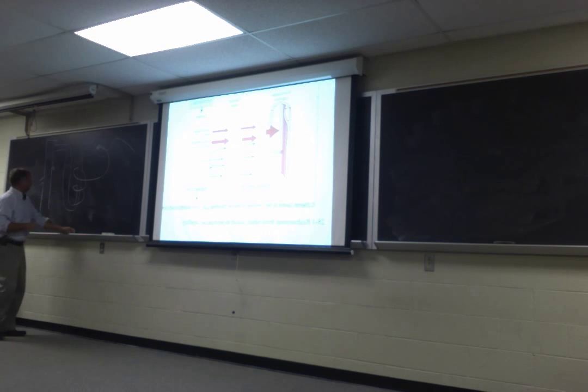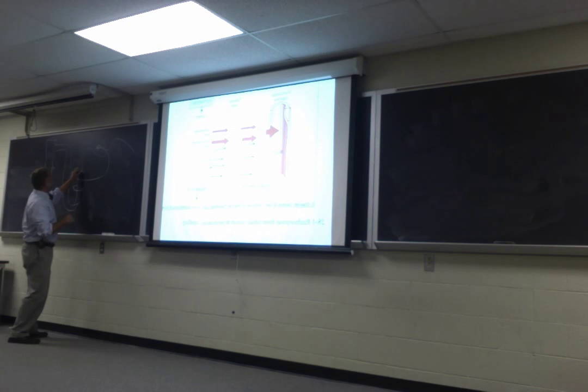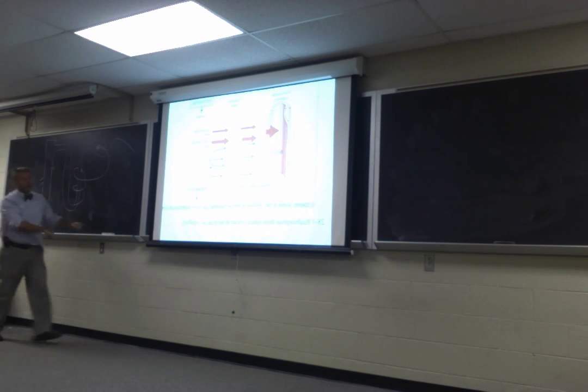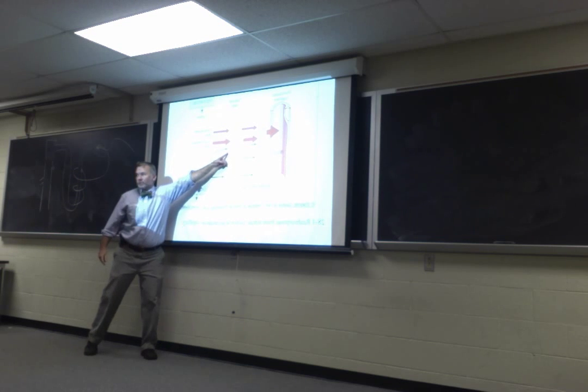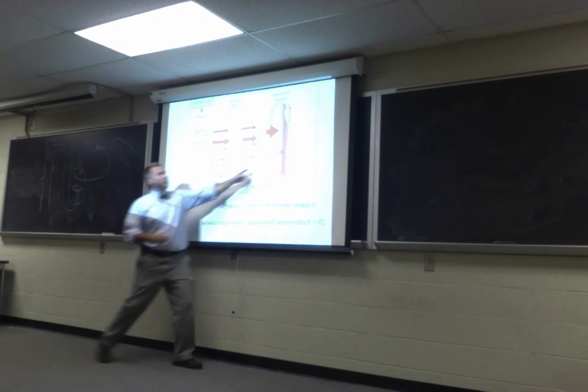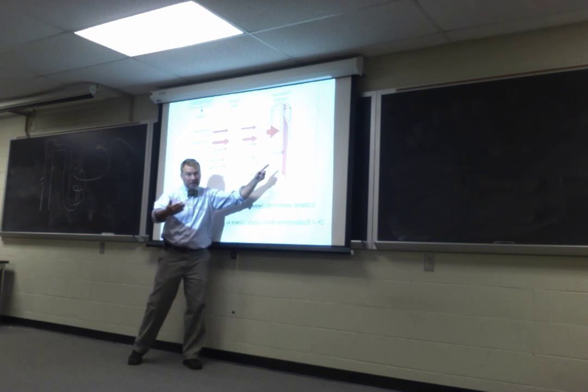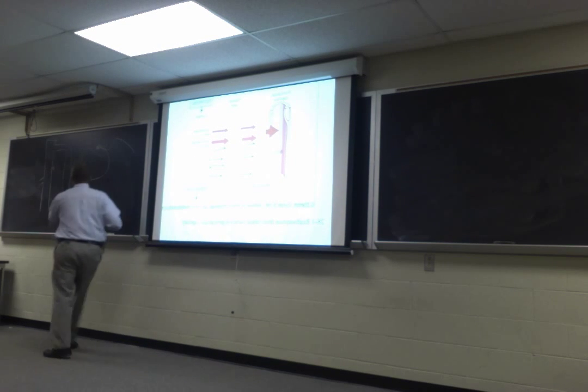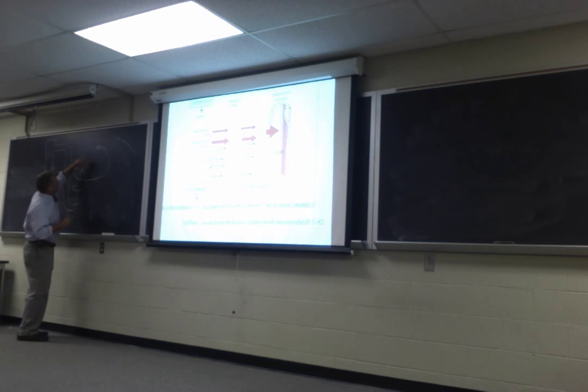Here would be a cell. Just make sure you know where we are here. This is a cell that you're looking at right there. This is the luminal side. This is the peritubular capillary that's on the outside. And this surface right here is called the basolateral surface.